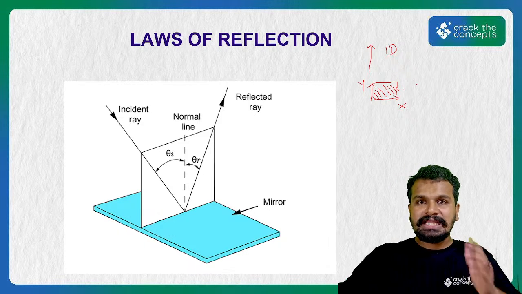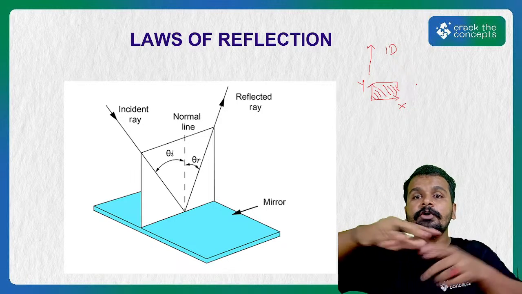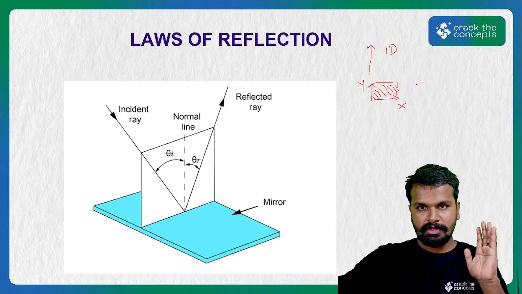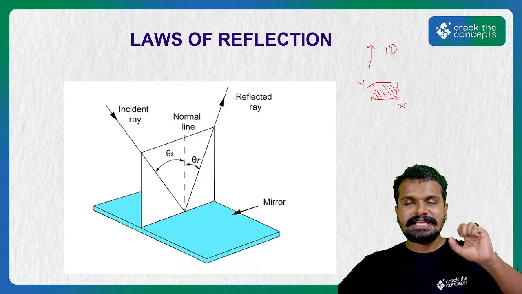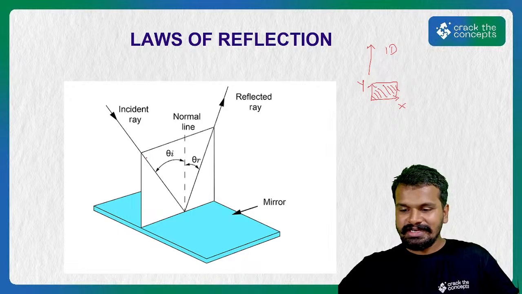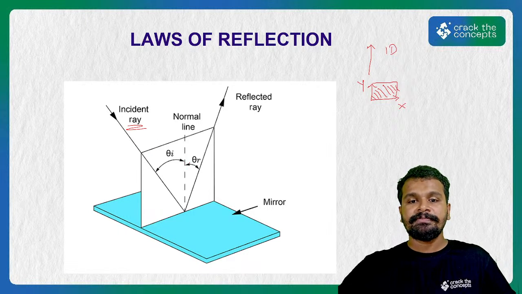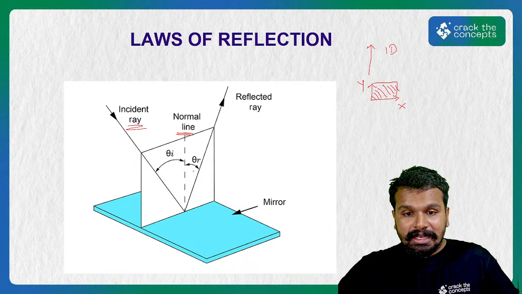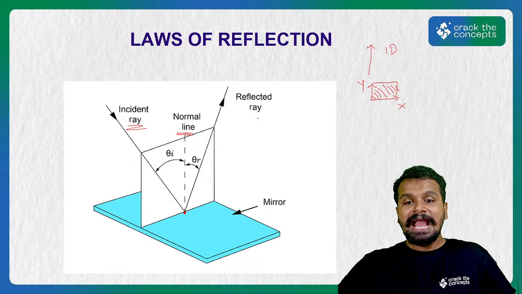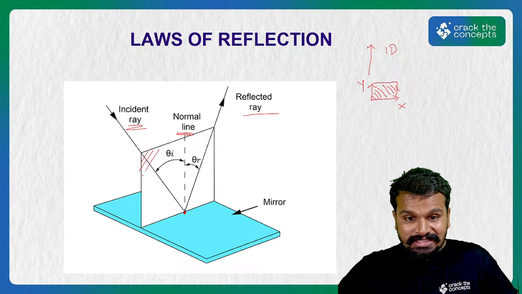That particular sheet of paper on which you are keeping an insect is a plane. Got it? So what does the second law of reflection suggest? The incident ray, the normal at the point of incidence, and the reflected ray, these three always lie in the same plane.